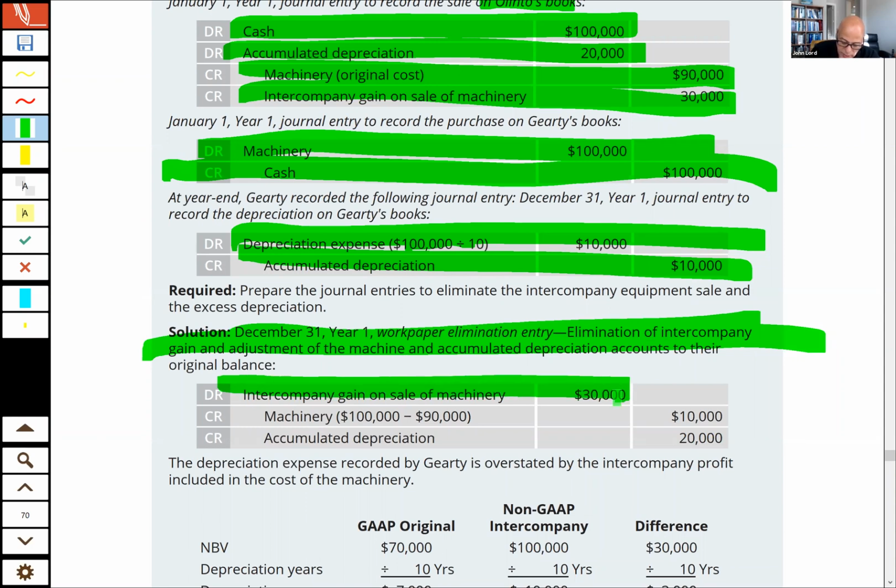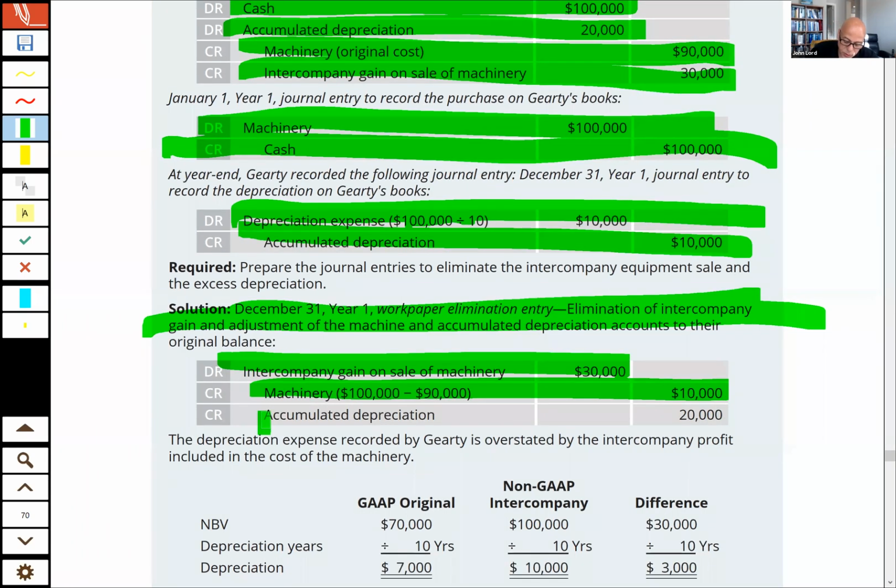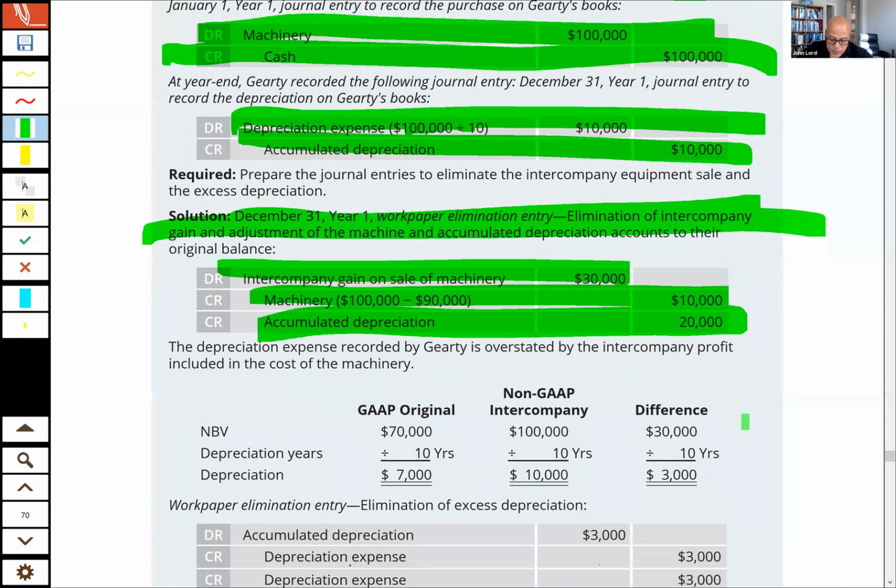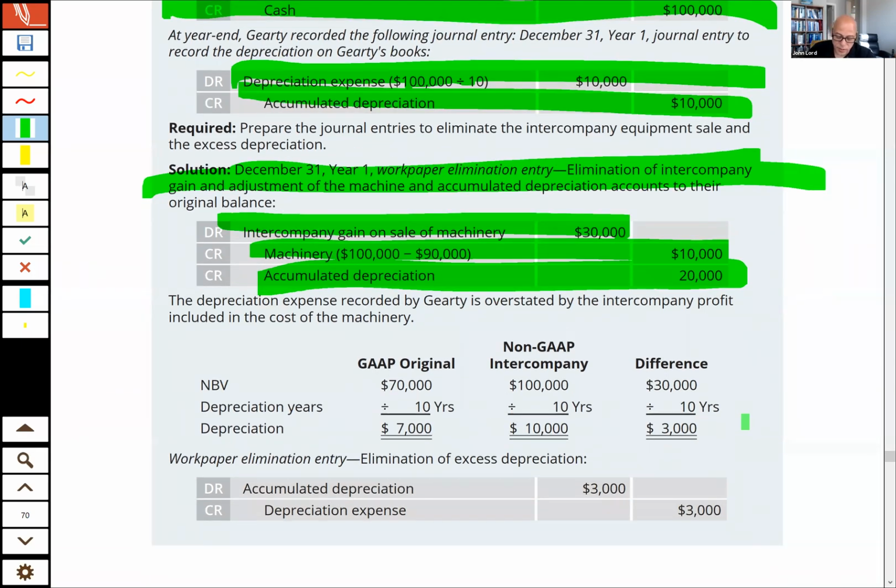So we get rid of the gain. We take that 10,000 out of the machinery account, which brings it back down to 90,000, and then we put the accumulated depreciation back at 70,000. Now we have to come up with the correct amount of depreciation.